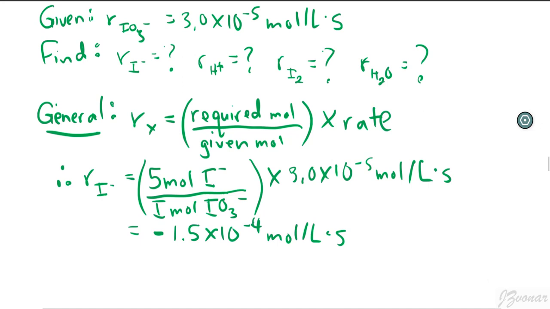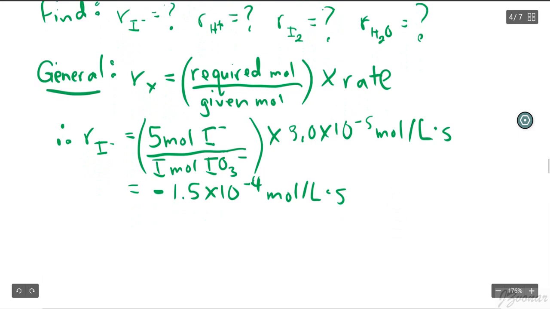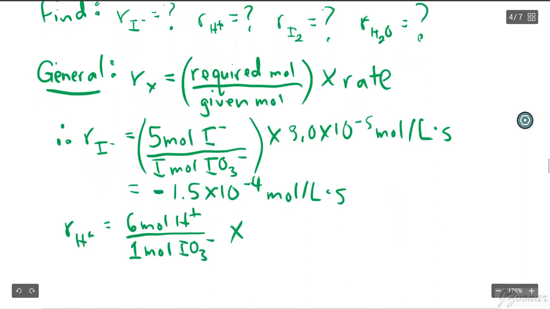Okay, now in my balanced equation, I can also now find the rates of the rest of them. Okay, so I can now find the rate of H plus using the same equation. This time the mole ratio is 6 moles of H plus over 1 mole of iodate times 3.0 times 10 to the negative 5 moles per liter per second.